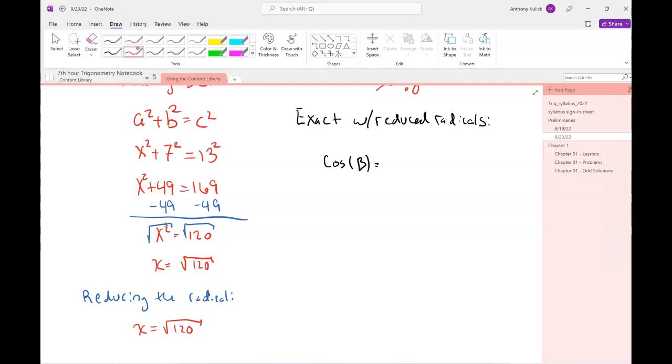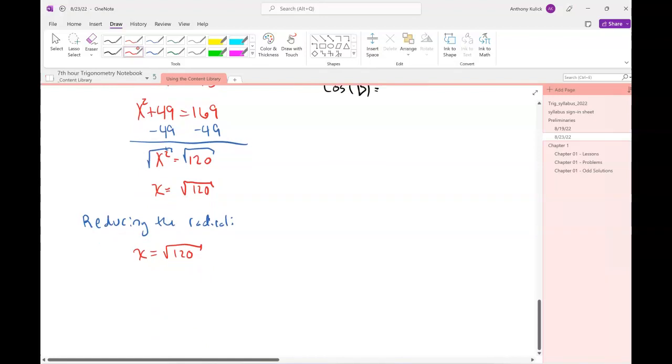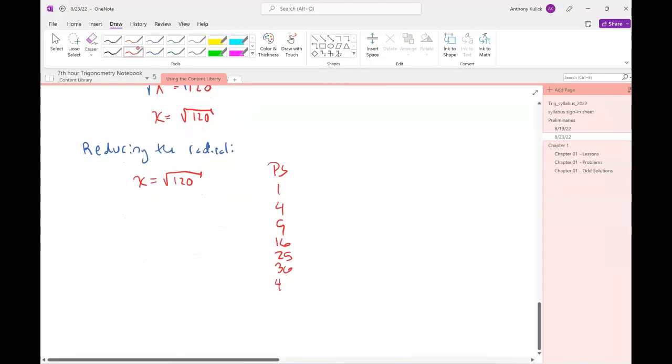Yep. So let's just write down some of these perfect squares. So 1, 4, 9, 16, 25, 36, 49, 64, 81, 100. Those are the first 10 perfect squares.